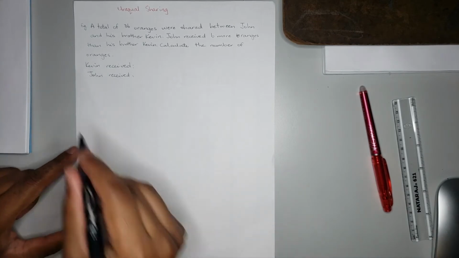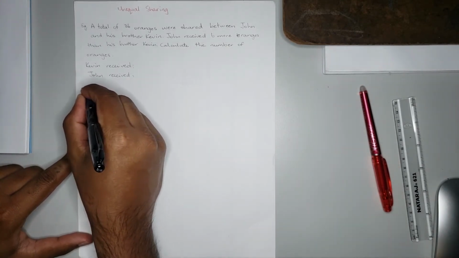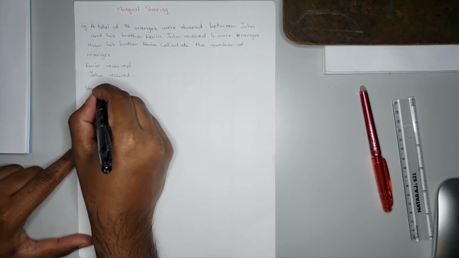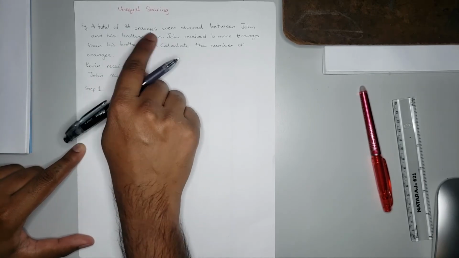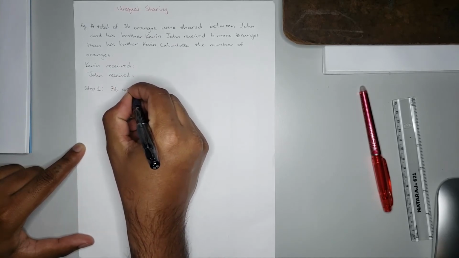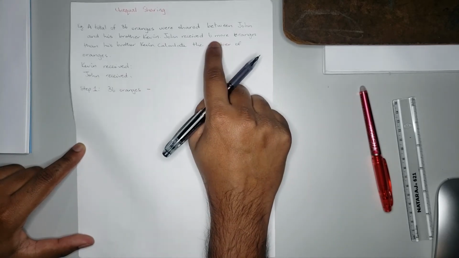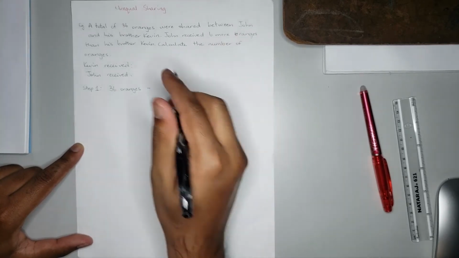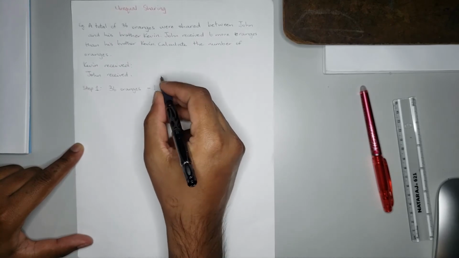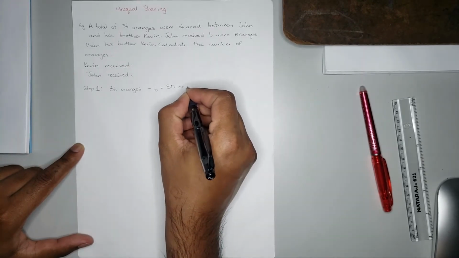So first, using the first method, step 1: from the total, which is 36 oranges, you will want to take away the extra amount that is being given, which is the 6. And therefore, you will remain with 30 oranges.